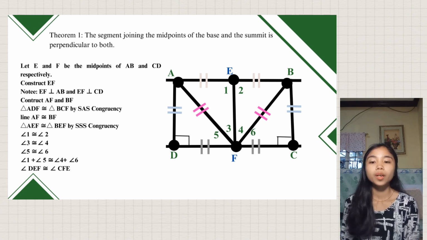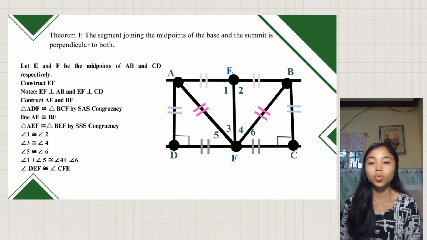In this illustration, by using the SAS congruency, or side-angle-side congruence, we have triangle ADF congruent to triangle BCF, and our line AF is congruent to BF. Another, by using the SSS congruency, or side congruency, we have triangle AEF congruent to triangle BEF.